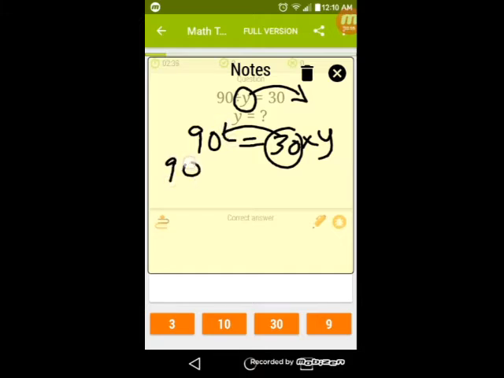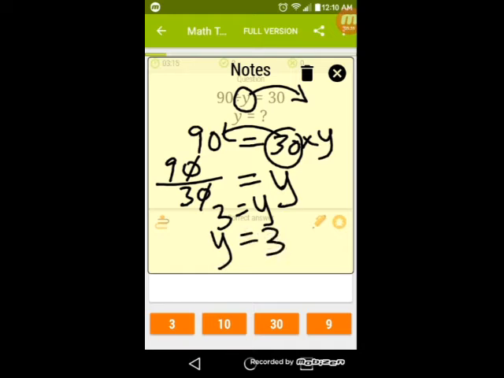So next step is 90 divided by 30, because here is y multiplied by 30, so the multiplied by 30 becomes divided by 30 on the opposite side, and y is now isolated on the right hand side. 90 divided by 30, if you cross out the 2 zeros, one on top of the other, it simplifies it to 9 divided by 3. 9 divided by 3 is 3. So 3 equals y. In other words, y is equal to 3.